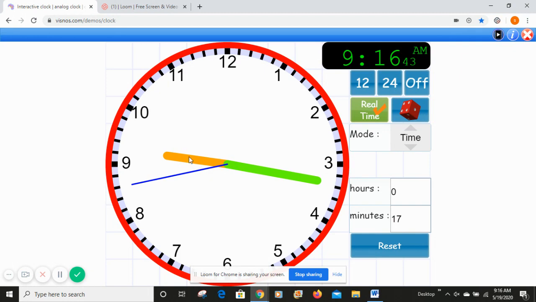So you can see the minute hand right now is pointing to, well, I'll wait till the second hand gets up to the top. You can see it goes one little hash mark at a time.